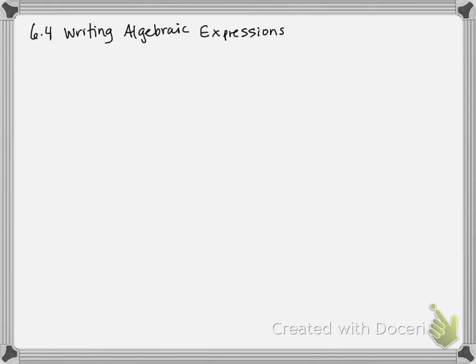Algebraic means it involves variables. Okay, so how do we do that? So how to write algebraic expressions. Now you're like, hey, didn't we just write that? Yeah, we kind of did, sorry. All right, so how do we do it?